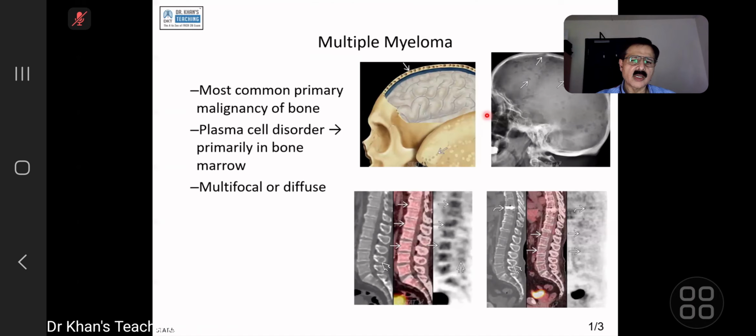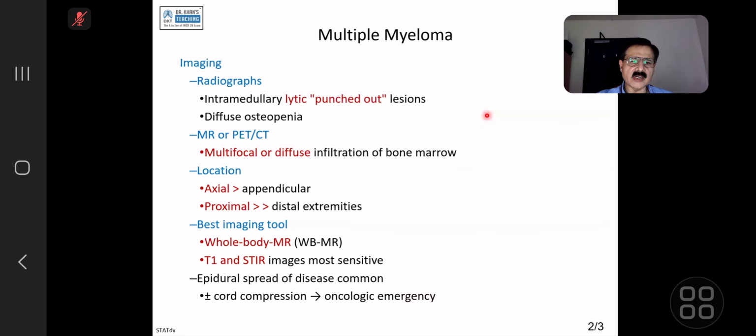Now here comes, multiple myeloma is the most common primary bone tumor. Remember this. And it can be multifocal, it can be diffuse. Now, the imaging, this is what I was talking about, that bone scan is not sensitive for multiple myeloma.